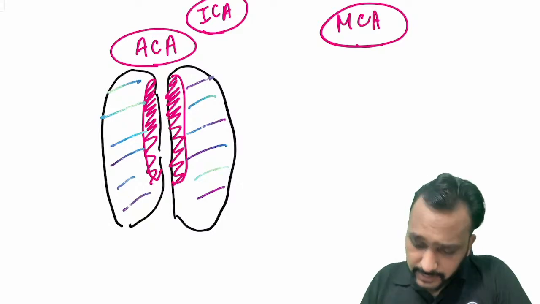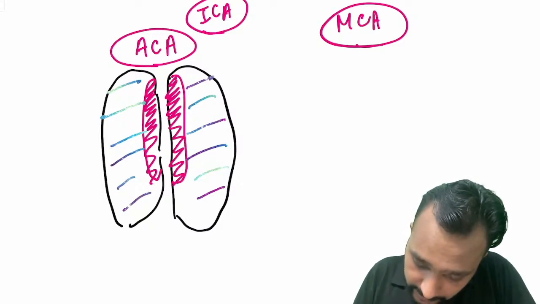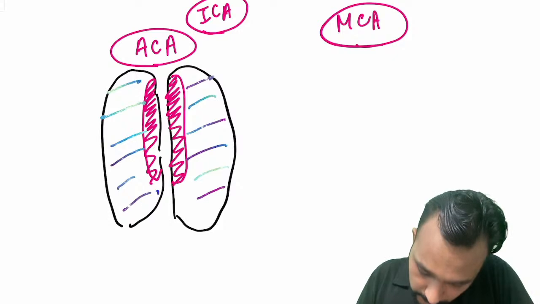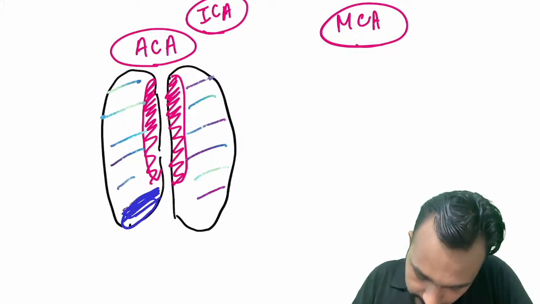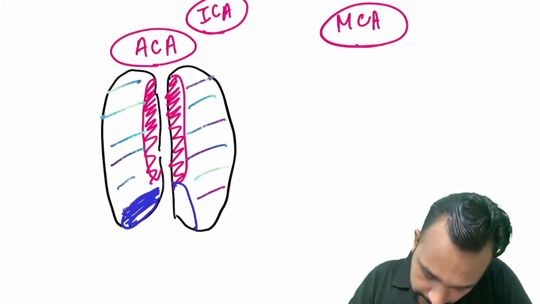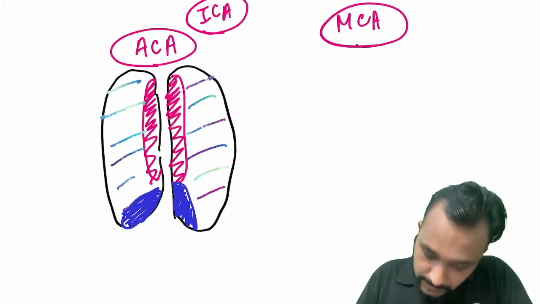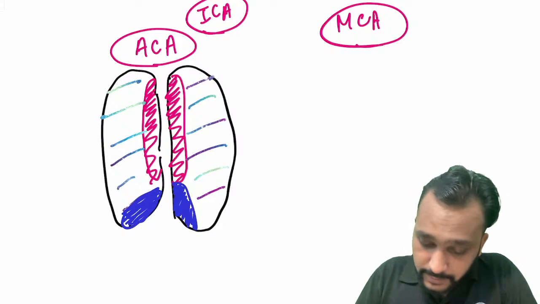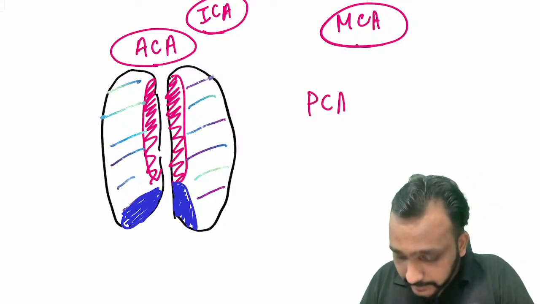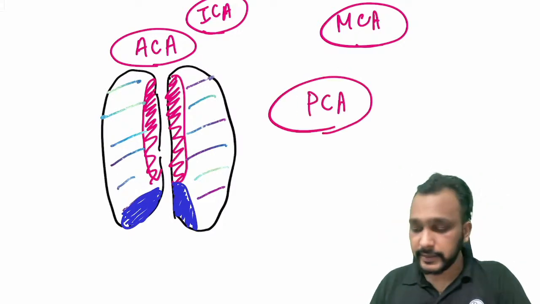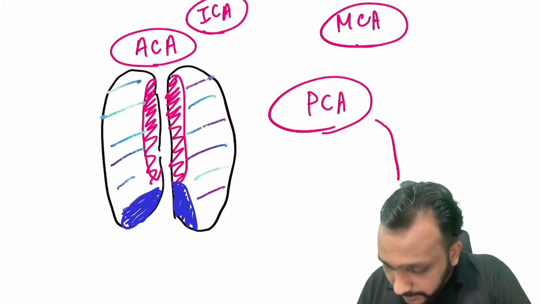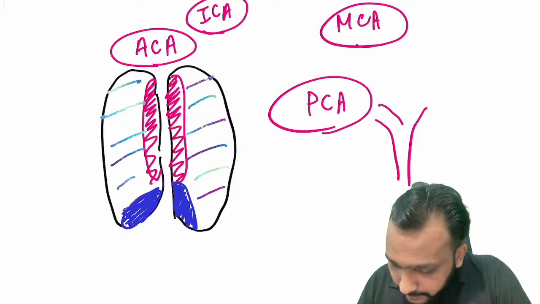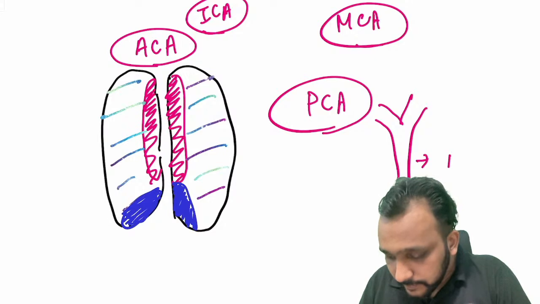But guys, if there is an infarct involving the occipital lobes, these are supplied by the posterior cerebral artery, and the posterior cerebral arteries are terminal branches of the basilar artery.